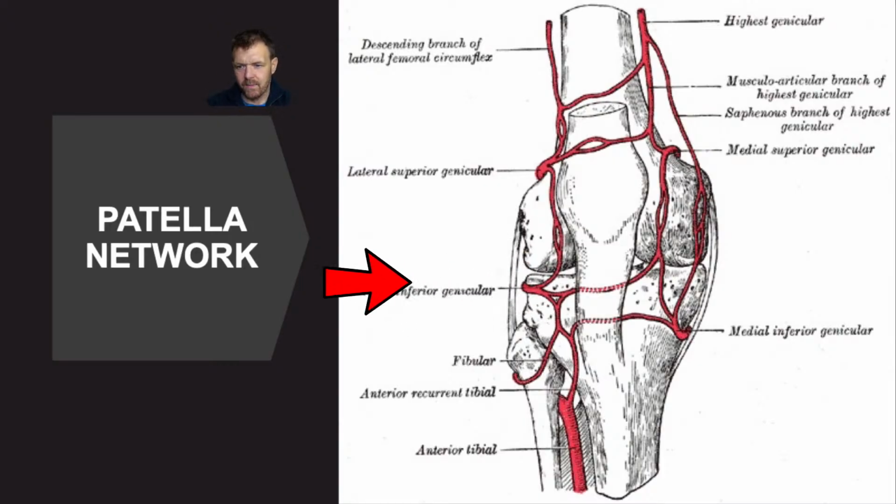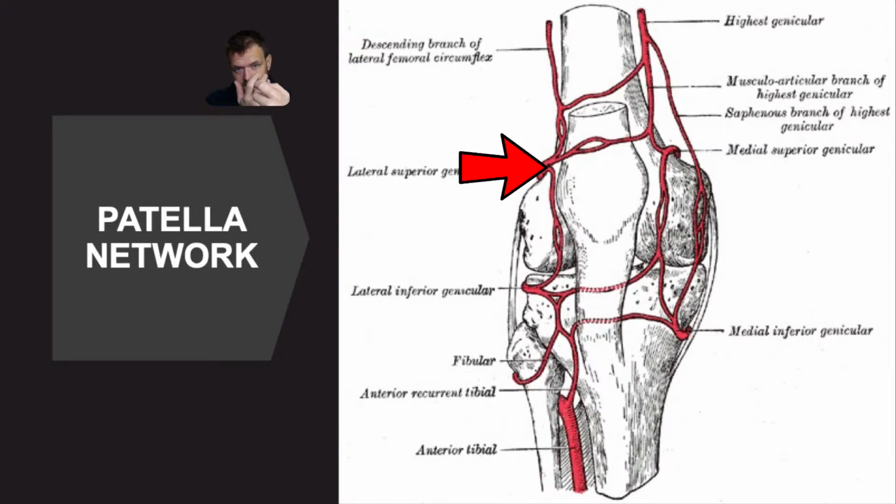Right? And yeah, so we've got different genicular arteries joining in the picture. So there's a medial one there coming in, there's a lateral one there, there's a superior one there, inferior ones, there's a medial superior there. So these are coming from the back, and there's branches coming off of the main, what was the femoral artery.